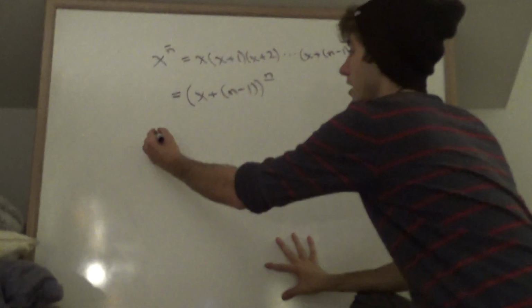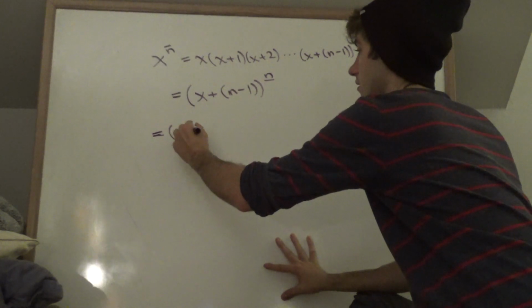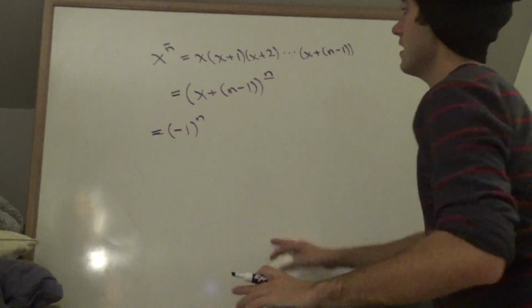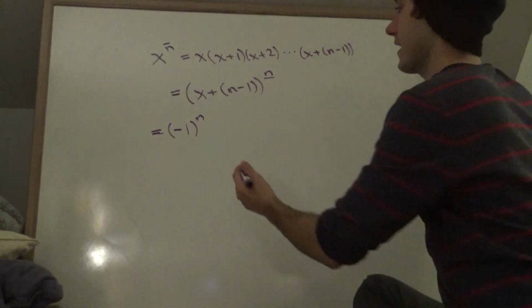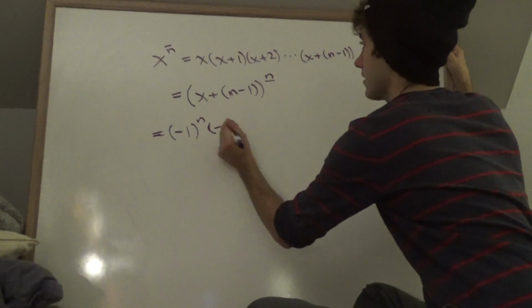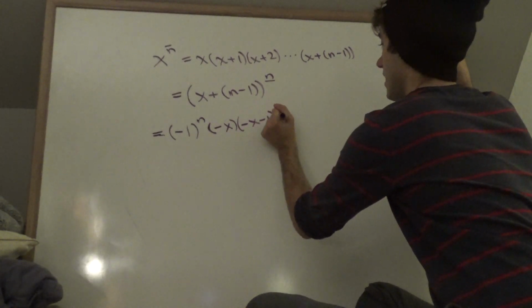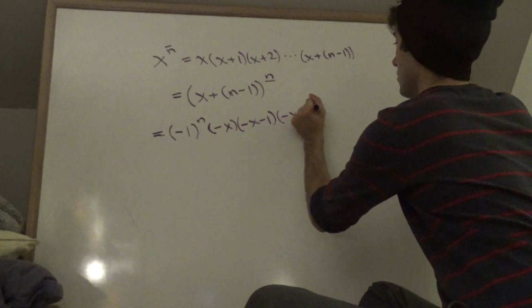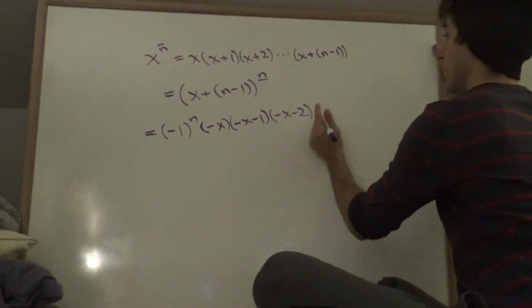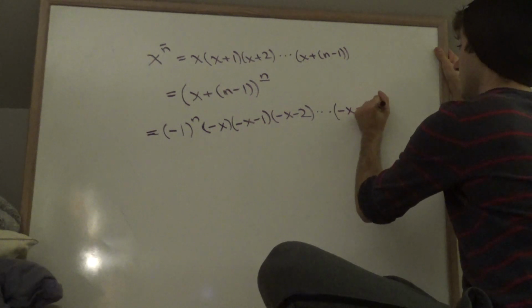So we could multiply by negative 1 to the n, and then just also multiply all of these by negative 1. So we would get negative x times negative x minus 1 times negative x minus 2 dot dot dot all the way up to negative x minus n minus 1.